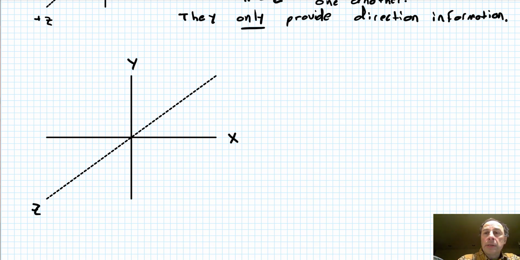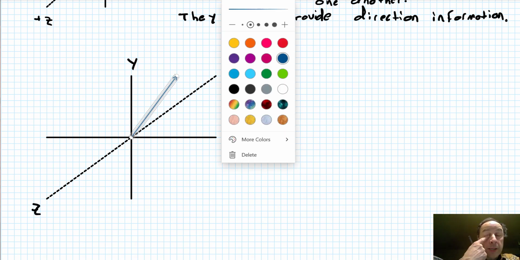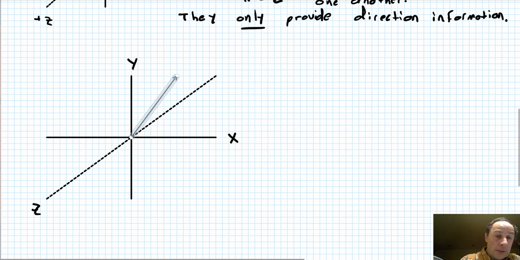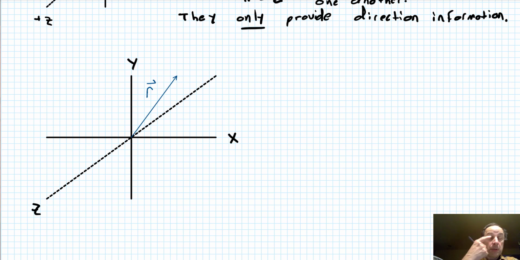I'm going to give us some vector r. And r now is in 3 dimensions, so r is going to have 3 values of coordinates, x, y, and z.